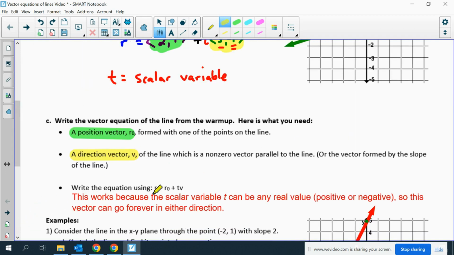And then we multiply that by this scalar. So the initial point plus some vector that moves us, and then that gets us anywhere we need to get. This works because the scalar variable can be any real value, positive or negative, so this vector can go forever in either direction, depending on what you make t.